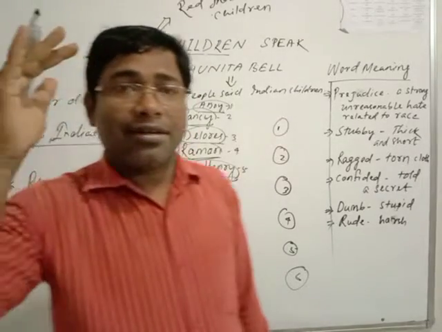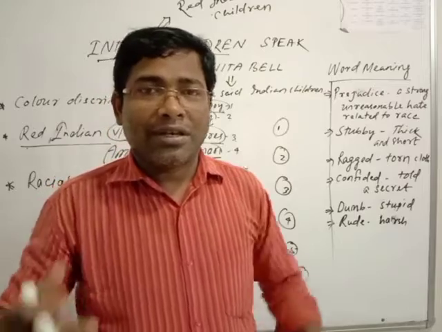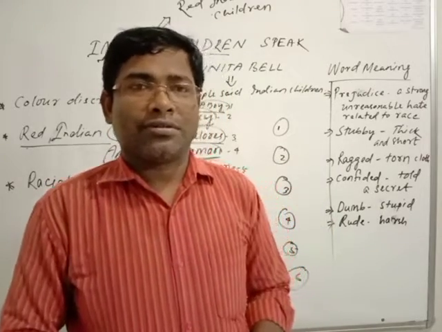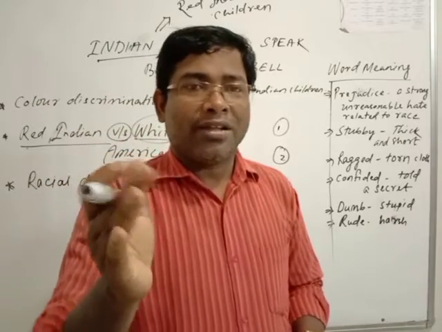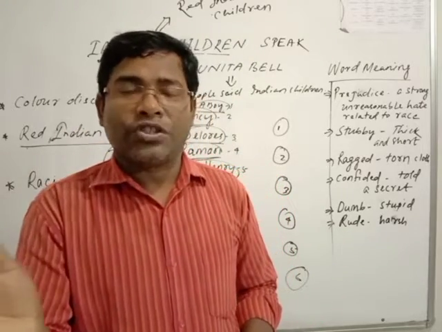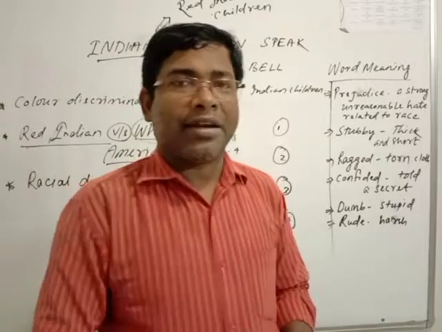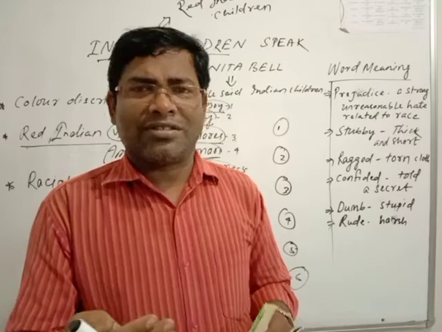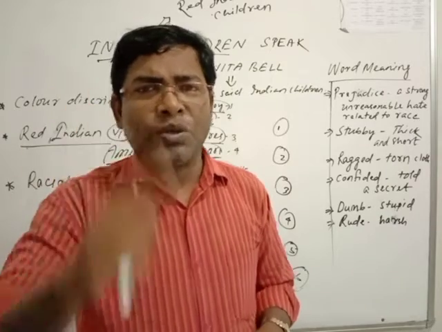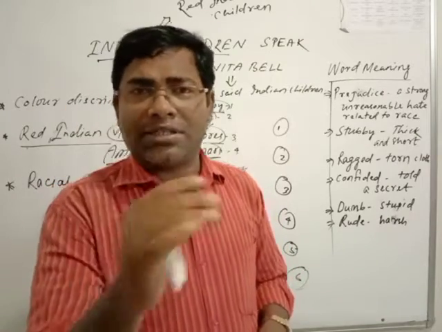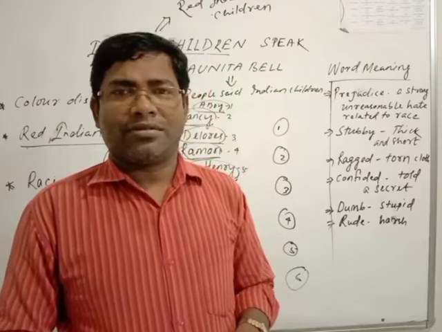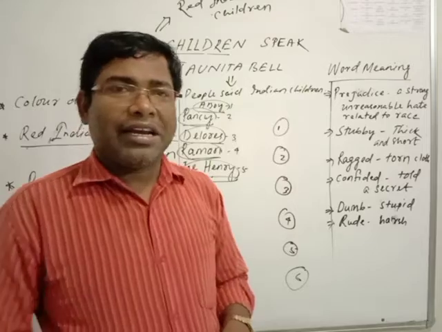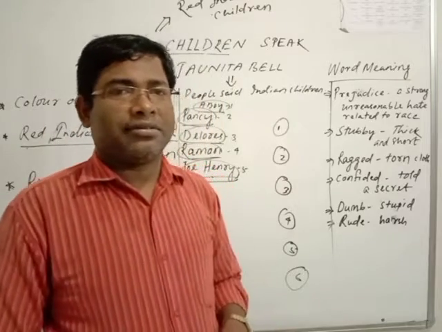And each stanza has a discriminating thought of the white American about the red Indian, and you will get the conflict of ideology, the conflict of thought of the white American related to the red Indian.